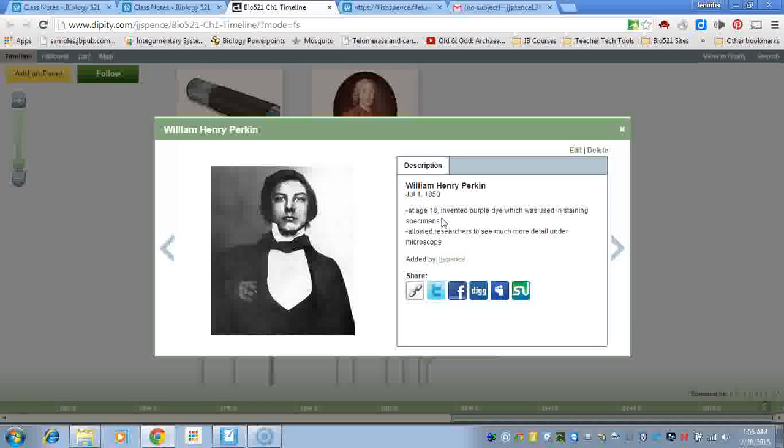They used the dye for many different things at the time, but for what we're talking about, the importance was that it could stain specimens so that you could see a lot more detail within cells or within other specimens they were looking at in the microscope. And he was only 18 when he made that discovery, so it's pretty cool.